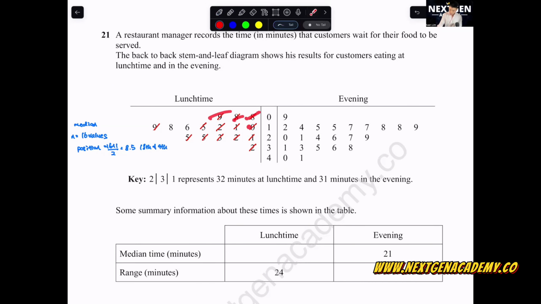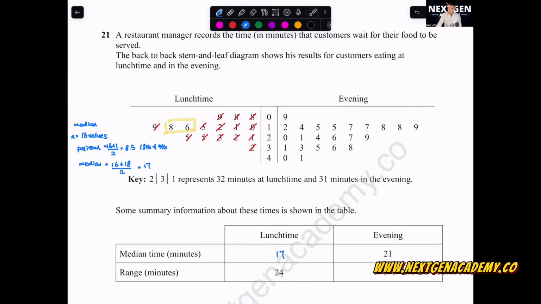So 1, 2, 3, 4, 5, 6, 7, 8, and the 9th value. Then we take the average. The median is 16 plus 18, divided by 2, which is 17. Yeah, Jensen, very good. 17.